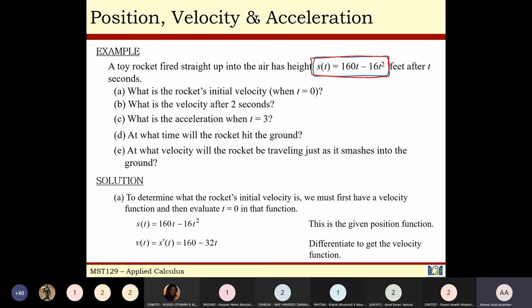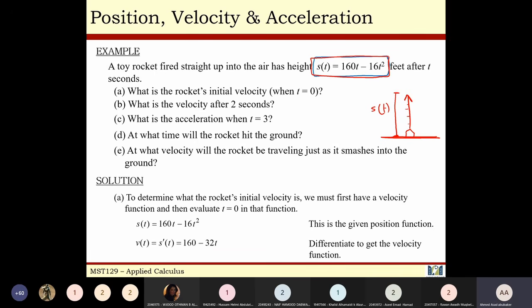So now we have the rocket fired straight up. Okay, this is the rocket fired up. So this is the position s of t after time t. This is the position, the distance between the rocket and the ground.